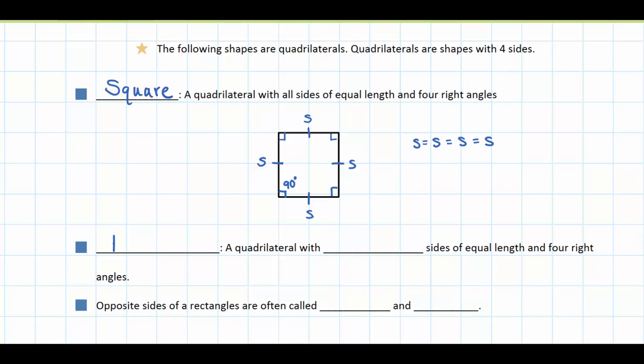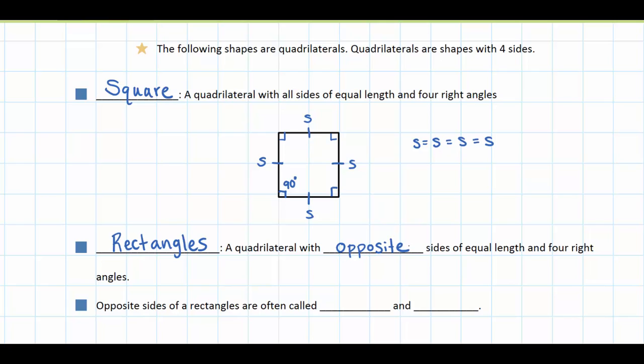Rectangles. Rectangles are quadrilaterals with opposite sides of equal length and 4 right angles. Squares are also rectangles because their opposite sides are of equal length.